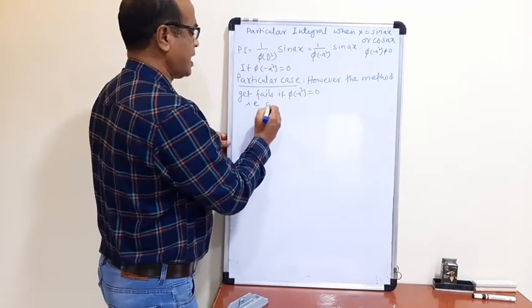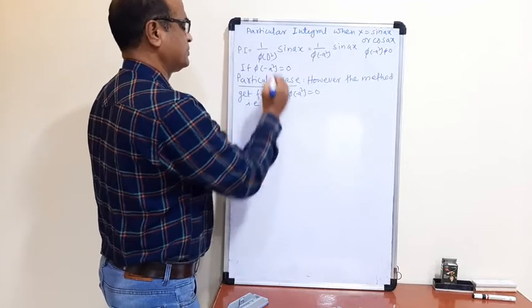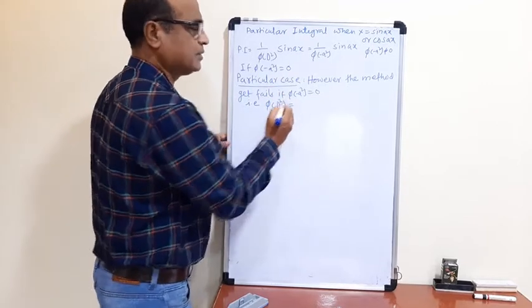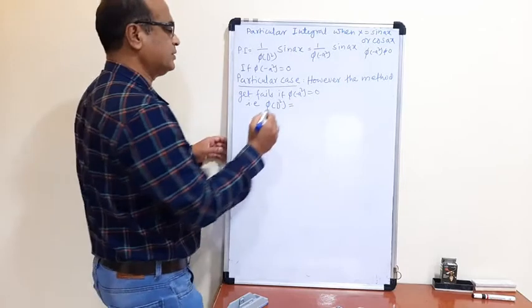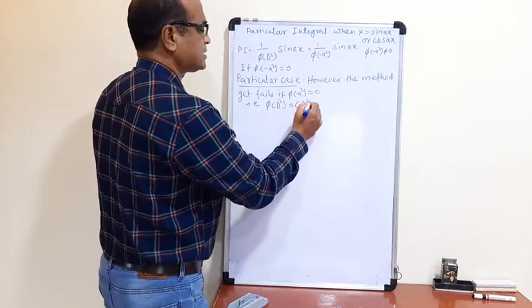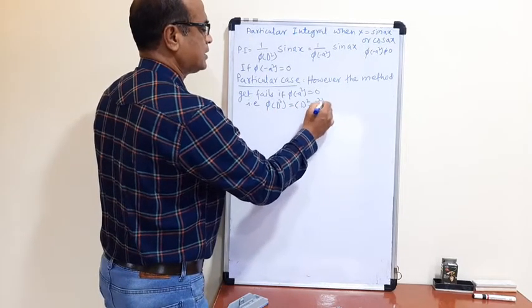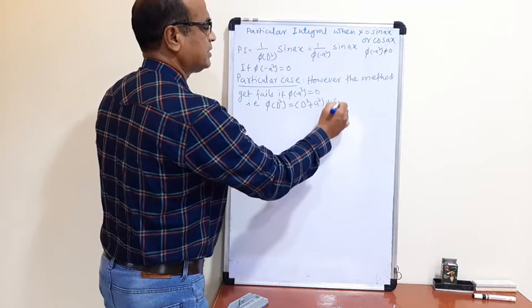So this phi of D square is equal to D square plus a square times psi of D square.